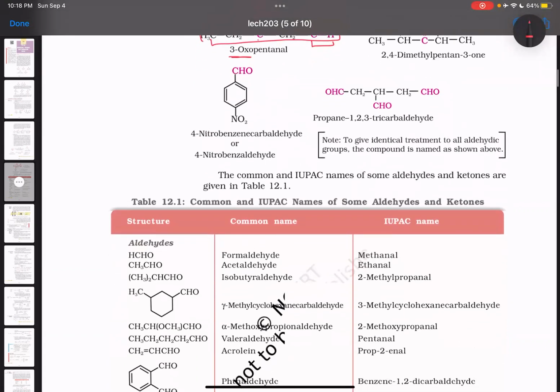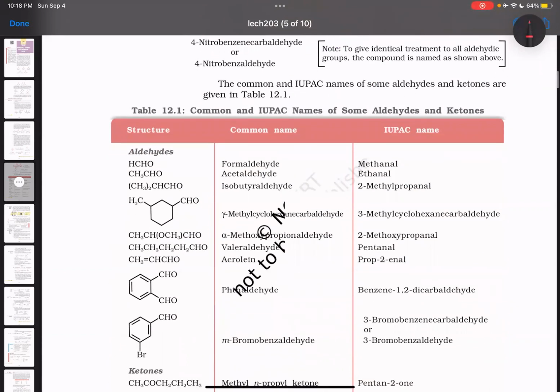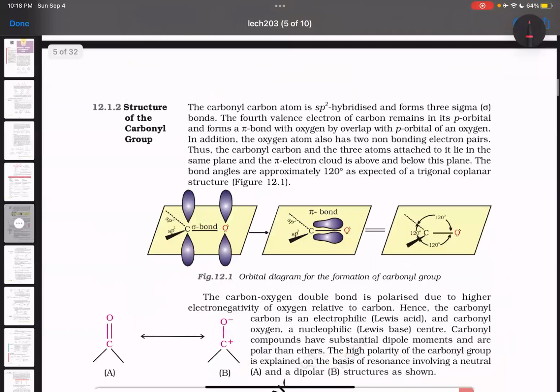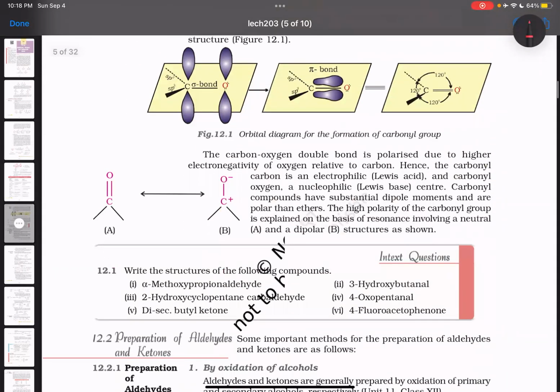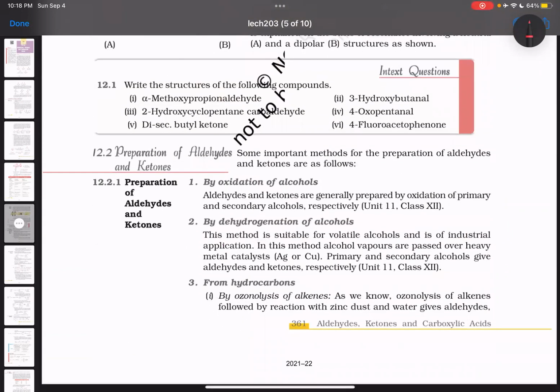Let me know if you have any doubt in the next class also. I hope that you will be able to do the basic nomenclature. Let me move directly to preparation and reactions. So preparation is actually, how do you prepare from alcohol? Tell me quickly. You must have studied alcohol.